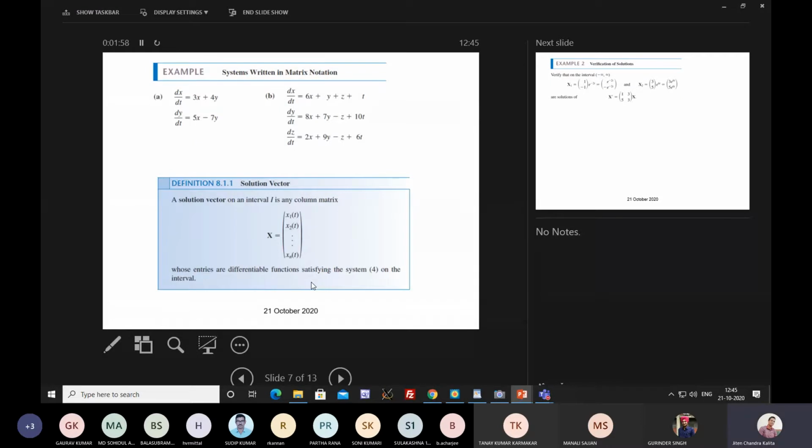Basically, what happens if for all the components x1, x2 up to xn, you can find some scalar functions, say phi1(t), phi2(t) up to phin(t), and if you plug them into the given system of equations and they satisfy it, then you say that it constitutes a solution of the given differential equation in the interval of definition, here they are calling it I. And of course, the entries have to be differentiable functions satisfying the system of differential equations.